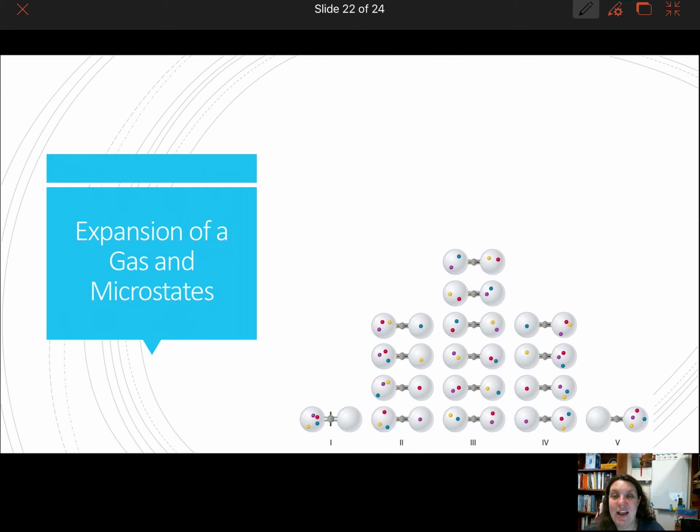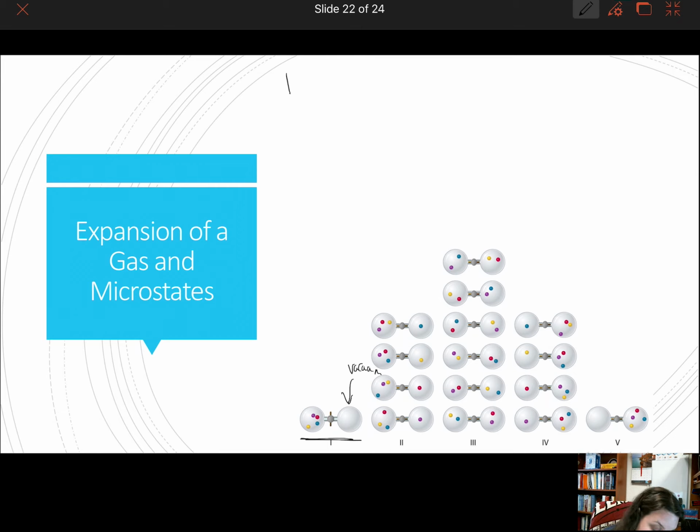So let's look at what happens to a gas in terms of entropy when it expands. So we've got the expansion of a gas into a vacuum. This area right here is a vacuum. We're going to look at what happens.